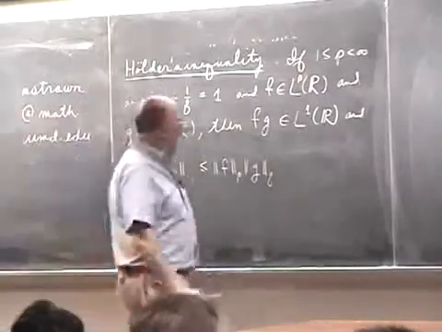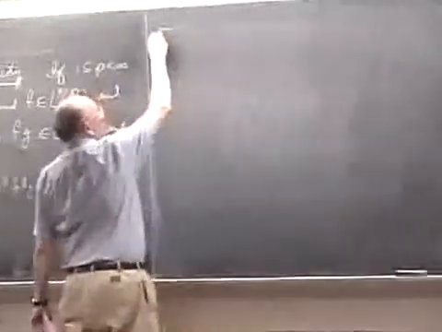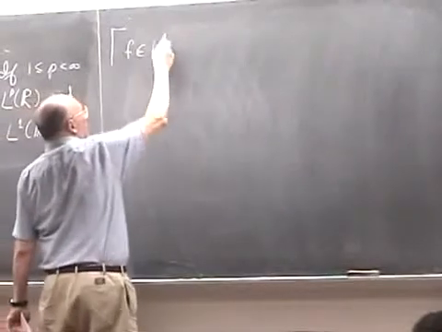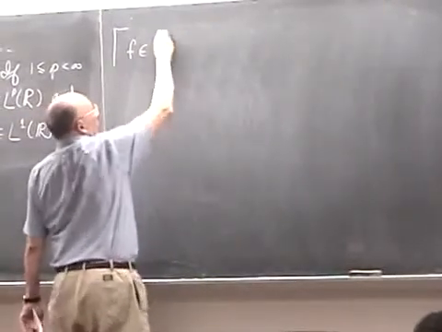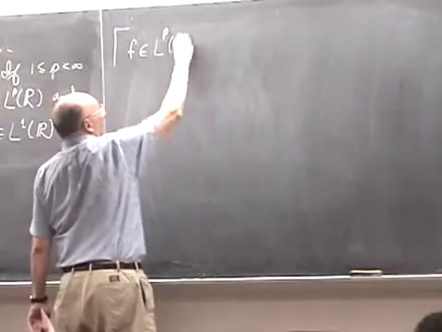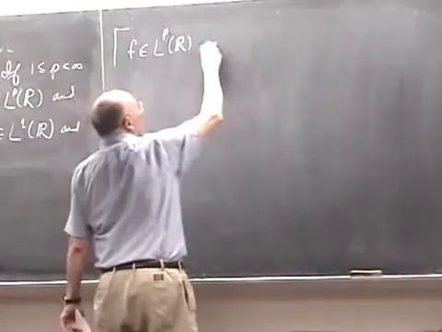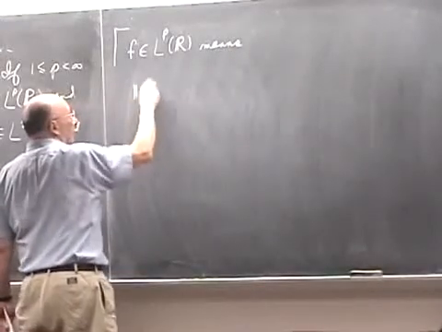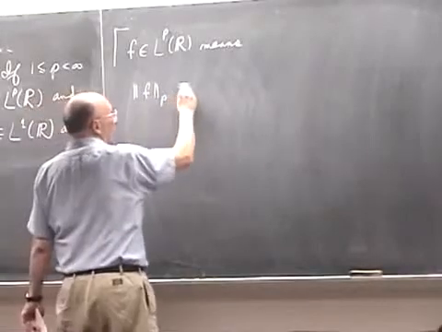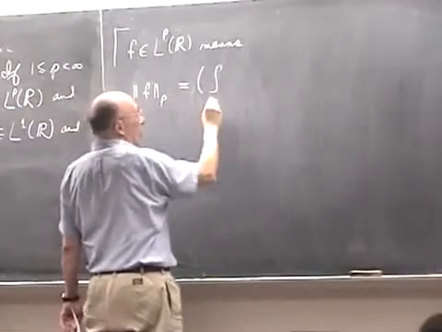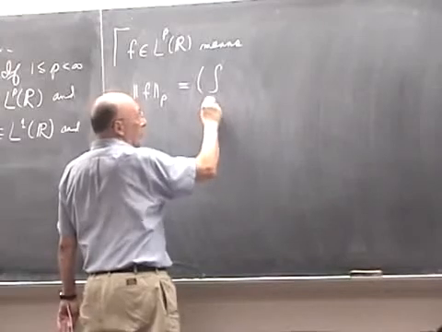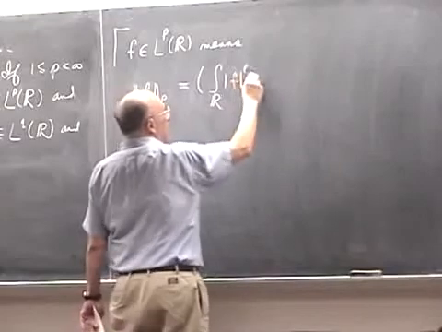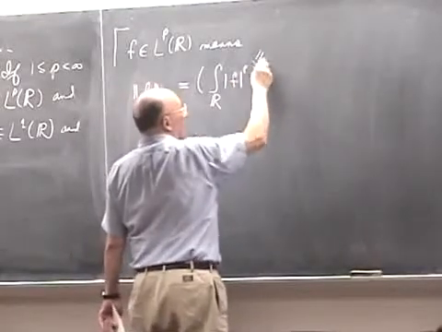But all we're going to mean by, so this is just an aside here, f belonging to L^p of R means this number here: the integral over all of the real line of |f| to the p, to the 1 over p.